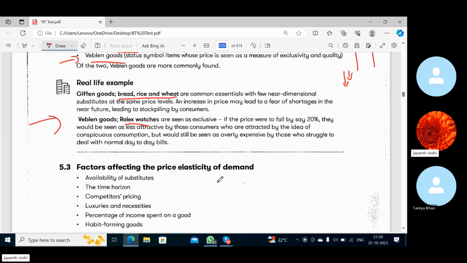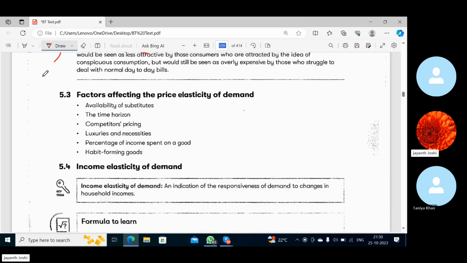Factors affecting the price elasticity of demand. These are the factors which have an impact on elasticity of demand: availability of substitutes. When close substitutes are available, people will shift to the substitute when the price increases, right? Time horizon, competitors' pricing may make us shift to a better price, luxuries and necessities.